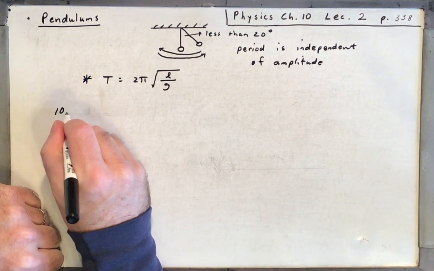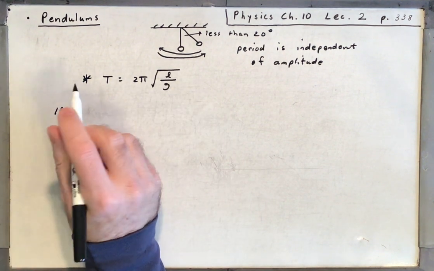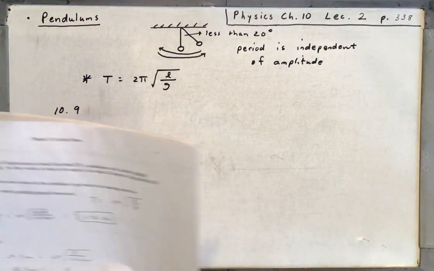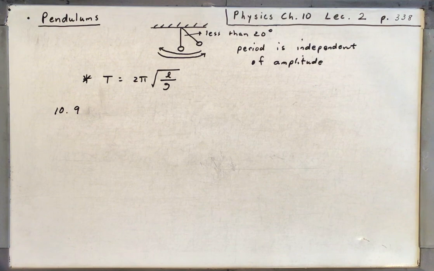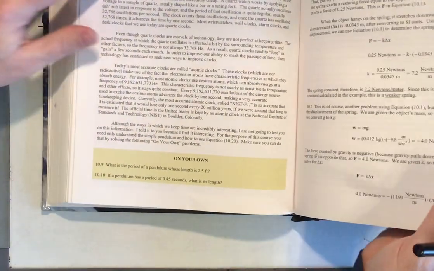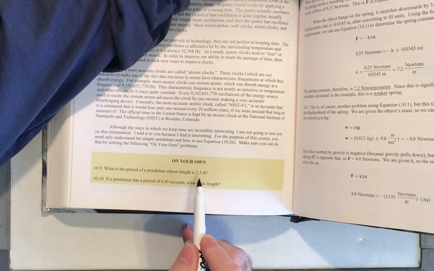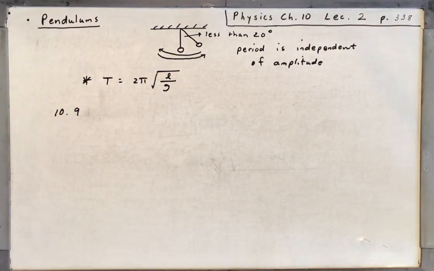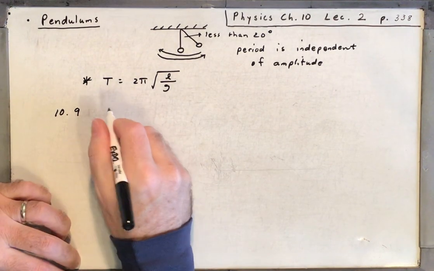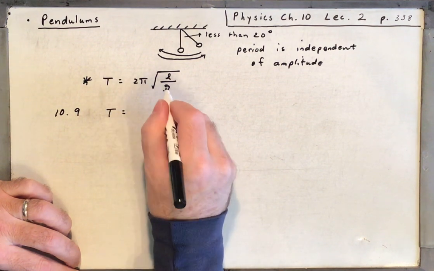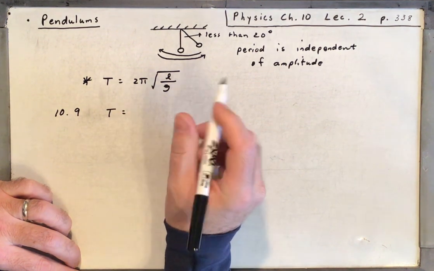Let's look at on your own 10.9. All right, so we are looking at page 342. That says, what is the period of a pendulum whose length is 2.5 feet? Well, that's a straight plug-in problem. You just need to remember, since we're in feet, to have gravity be 32.